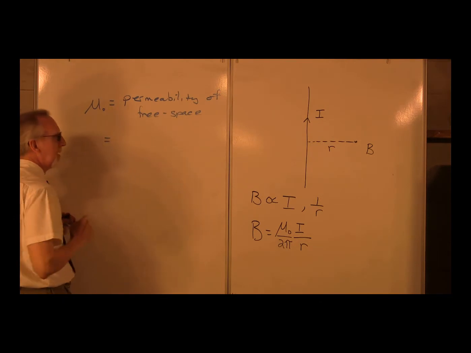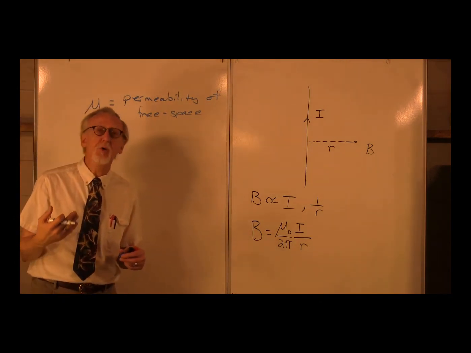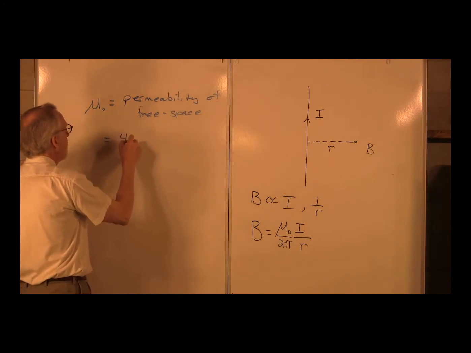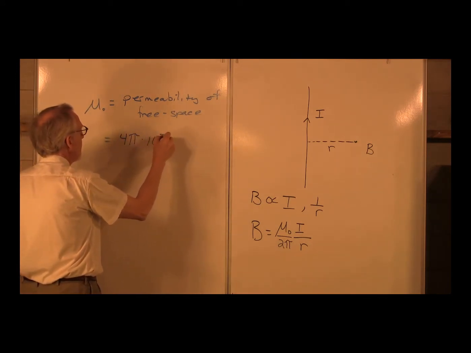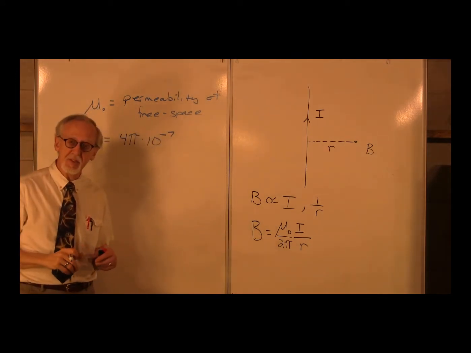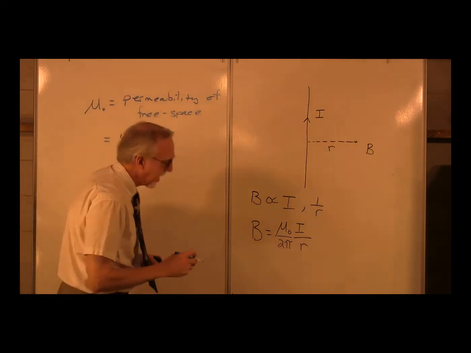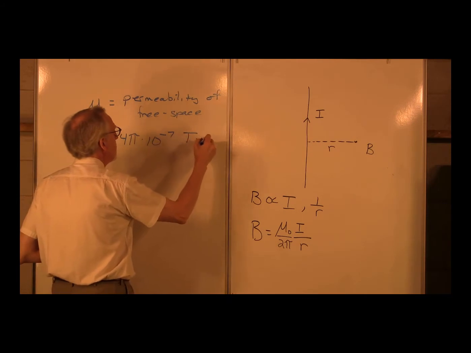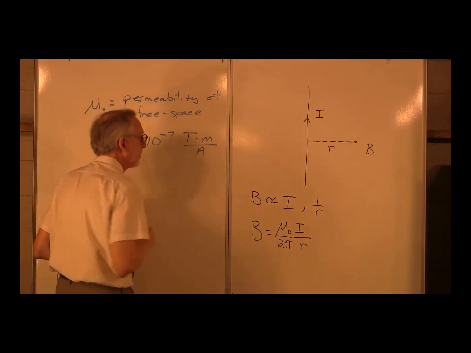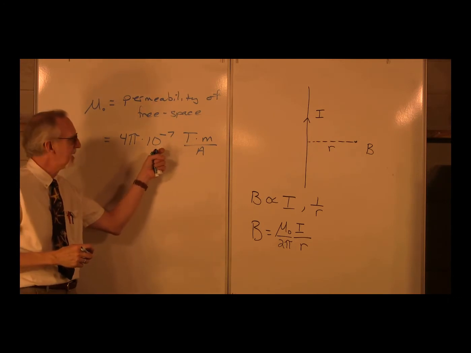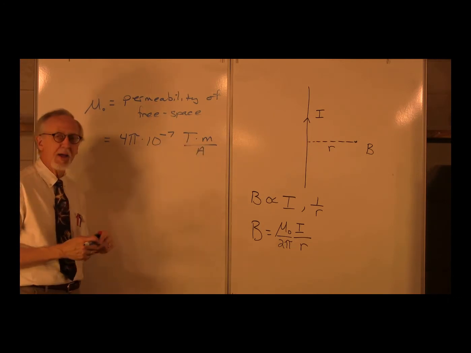And it has a value. This is kind of a peculiar form for a constant, but it equals 4 pi times 10 to the minus 7th, and in order for the units to work out right, they are Tesla meter per amp. 4 pi times 10 to the minus 7th Tesla meter per amp.